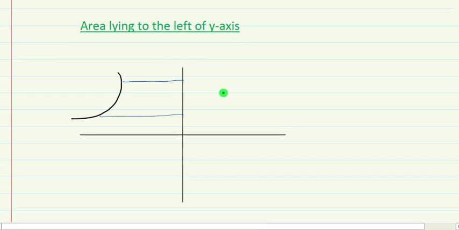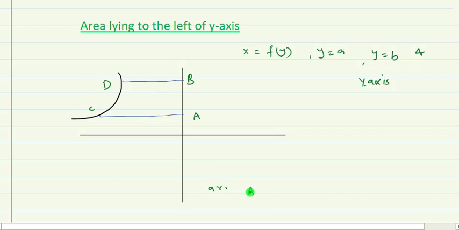Here we will discuss how to find the area between the curve x is equal to f(y), y is equal to a, y is equal to b and the y-axis. If we draw the curve, then we find that this curve is lying towards the left hand side of the y-axis. So, as in the case of the x-axis, let me name the required area ABCD.